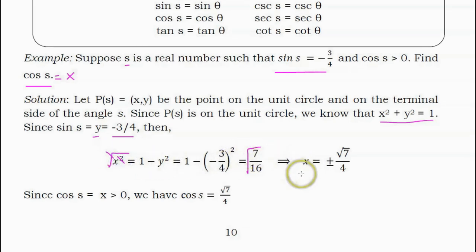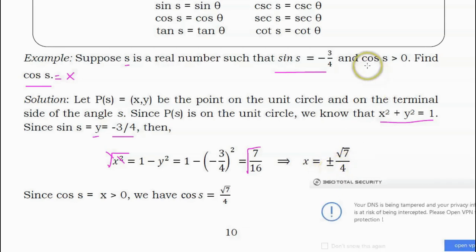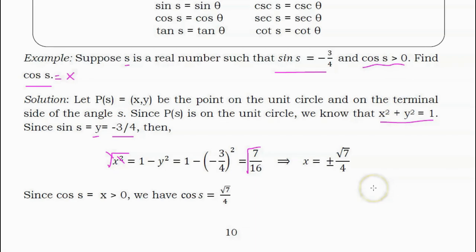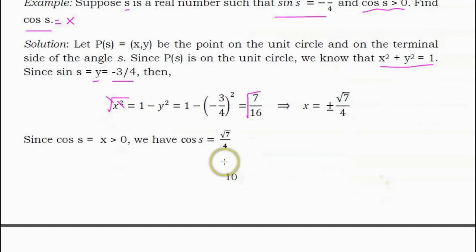So ang mabilin, we have x is equal to plus minus square root of 7 over 4. Since duha man ni siya, positive ug negative, balikan nato ang iyahang condition. Ang condition ni cosine s is greater than 0 man siya. And greater than 0 means it is a positive value. So therefore, the value of our cosine s is equal to square root of 7 over 4.